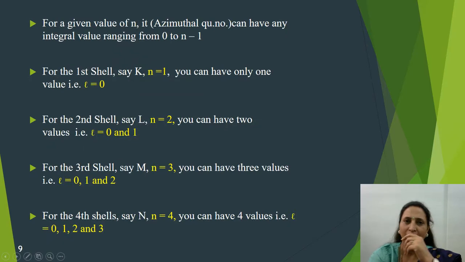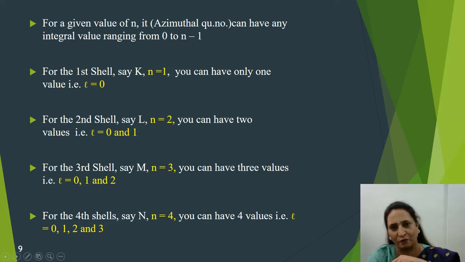Before going to the third one, let's elaborate on this azimuthal quantum number. For a given value of n, the azimuthal quantum number can have any integer value ranging from 0 to n minus 1. For the first shell, the K shell, the n value is 1. You can have only one l value, that is 0. 0 means which orbital?